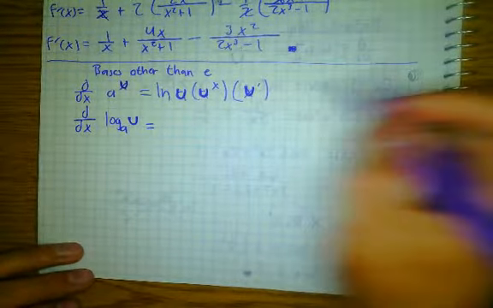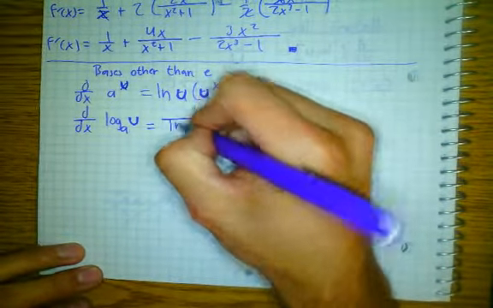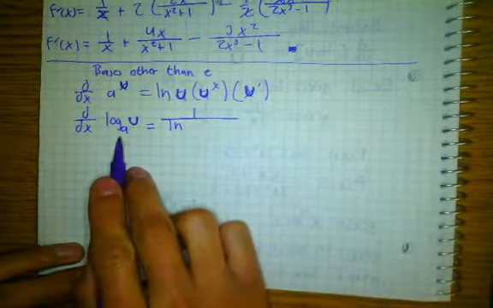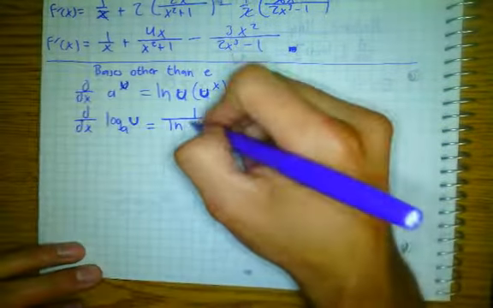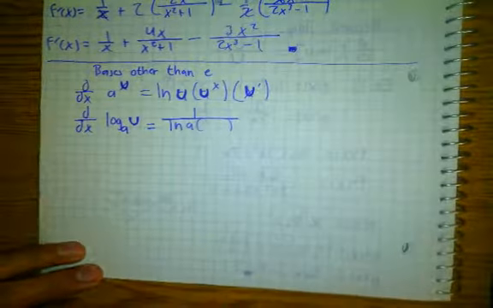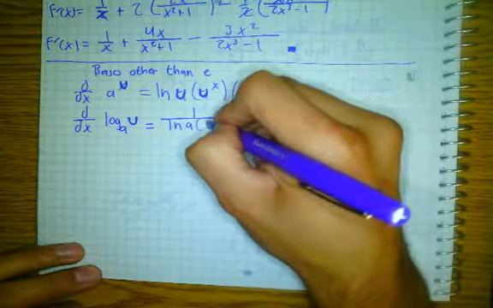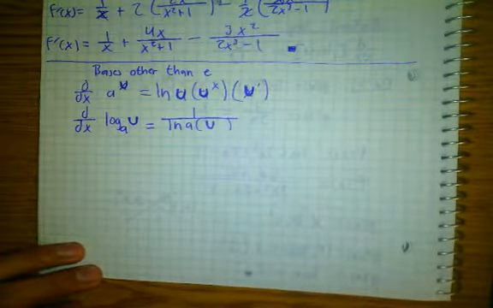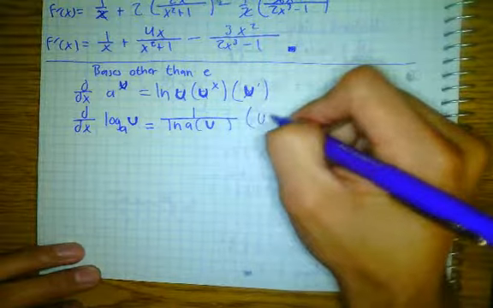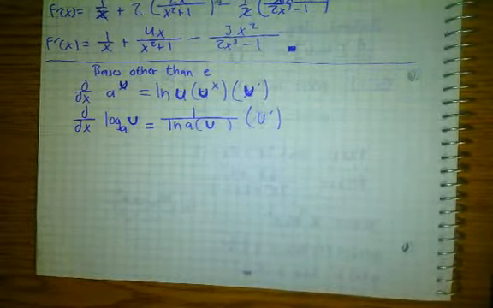It's going to be a fraction, 1 over the natural log of your base. In this case, our base for the logarithm is a. And you're going to multiply by whatever you were taking the logarithm of, which in this case was just u, right? Cool? And just like the one above, you're going to multiply by the derivative of that, so u prime.